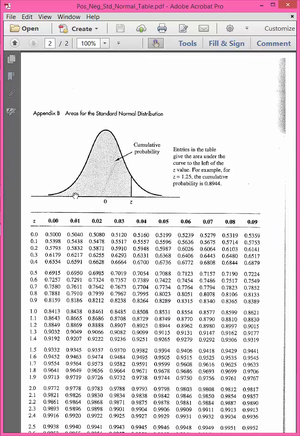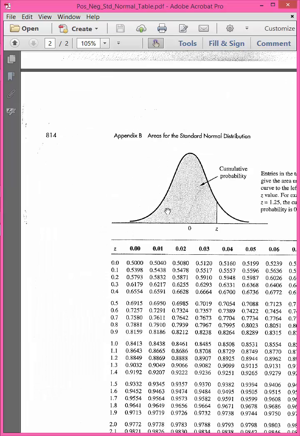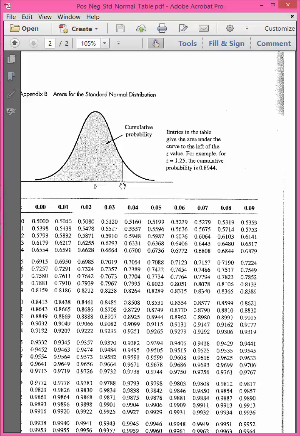Why? Because I know, as in the curve that I showed you earlier on the other page, that if this is my z distribution, my mean is 0, and the z value right here will be associated with my Q star because it's a point where 30% of the area is to the right of it.